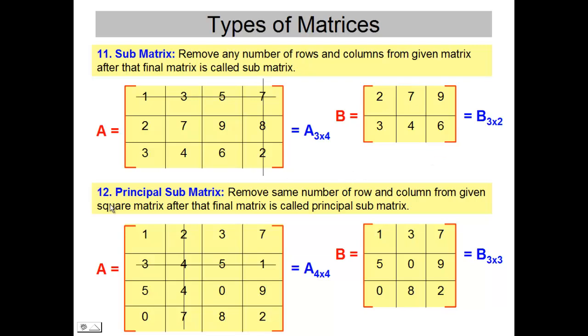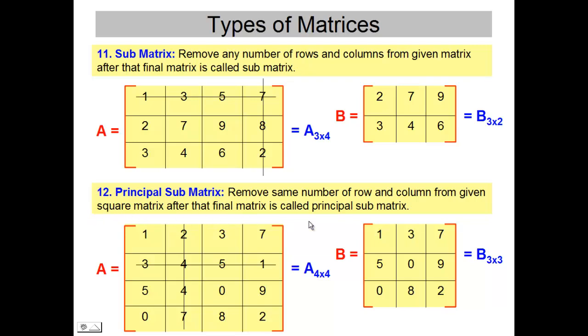Next, number twelve is the principal submatrix. The definition is: remove the same number of rows and columns from a given square matrix. The final matrix after that is called a principal submatrix. The important part here is that you need a square matrix.